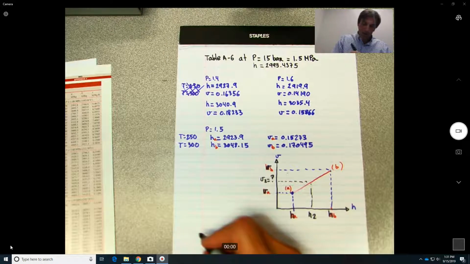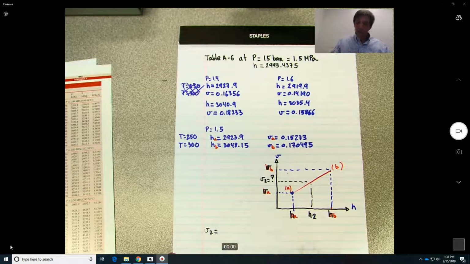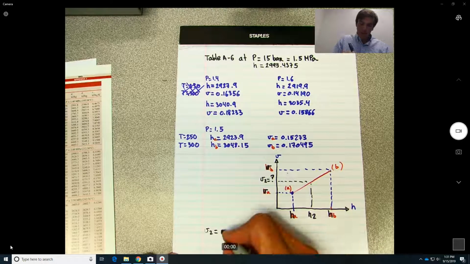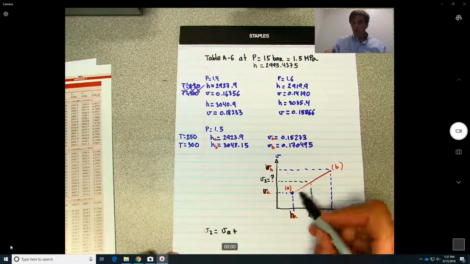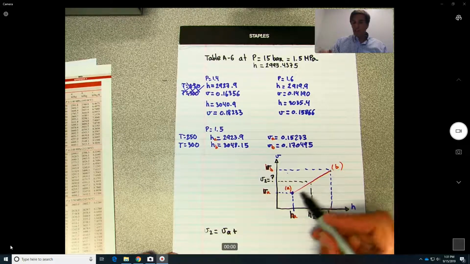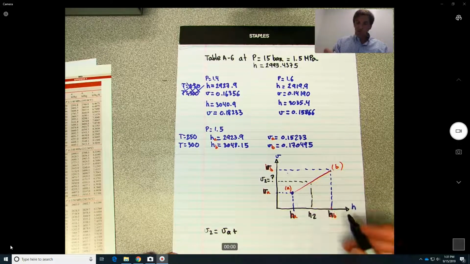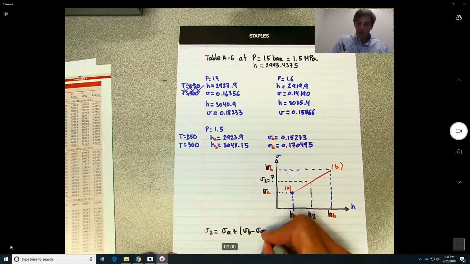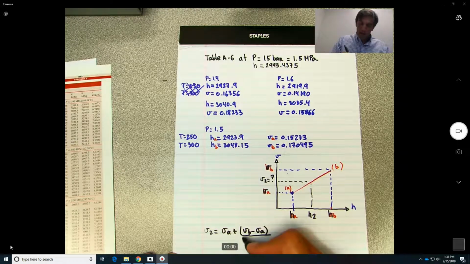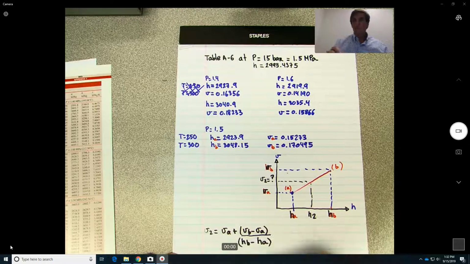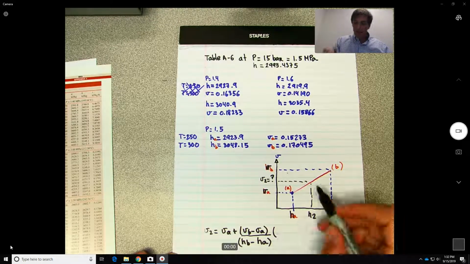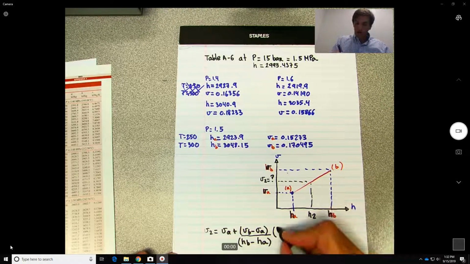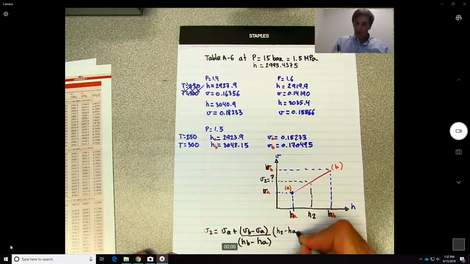So V2 will be equal to VA plus the slope of this curve, which is basically the tangent, so how much it goes up per unit length, so that would be VB minus VA divided by HB minus HA. And then that distance over here would be H2 minus HA.